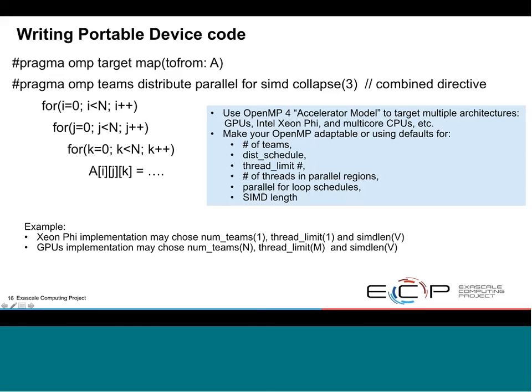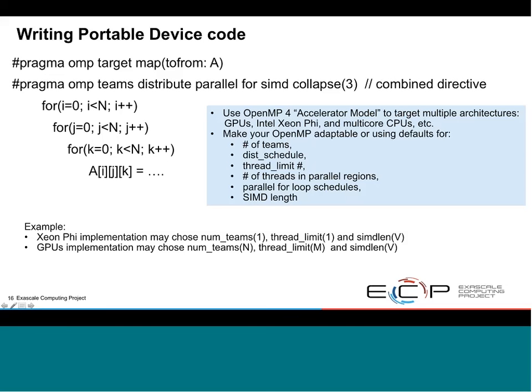What happens in here is that if we just write OpenMP this way, there are a lot of implementation defined values that the runtime and the compiler will pick, like for example, what's the number of teams, the chunks in the distribute schedule, the thread limit, the loop schedule for the parallel for, or the SIMD length that we want to specify.